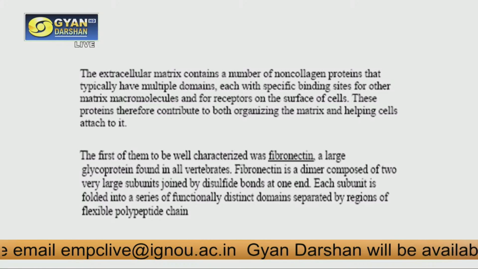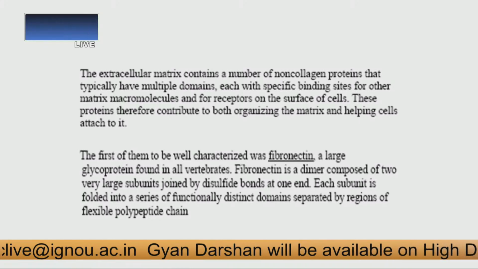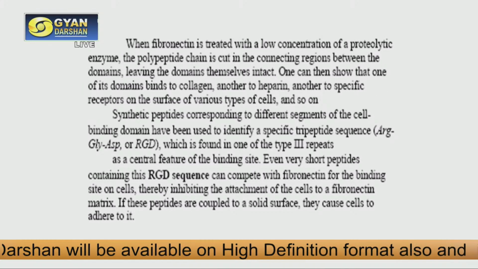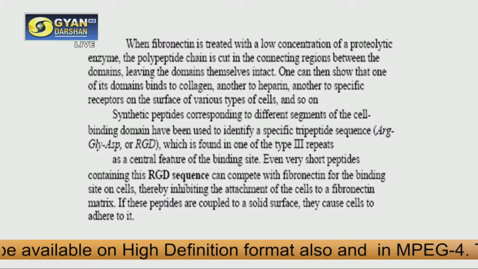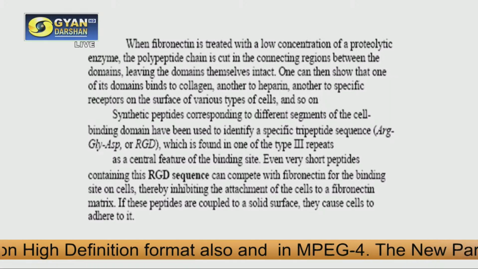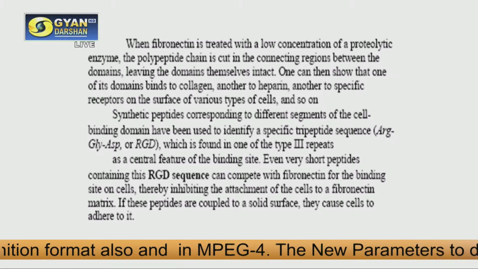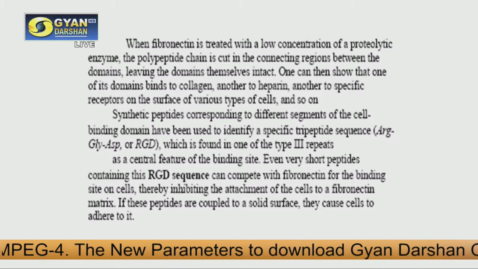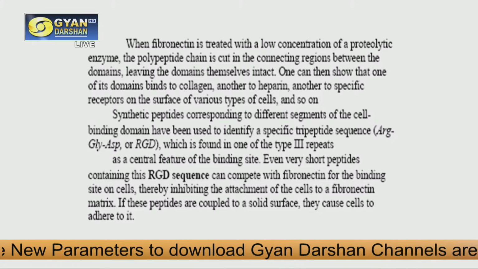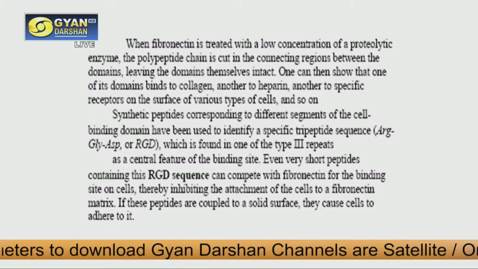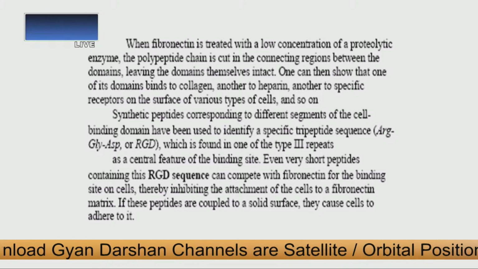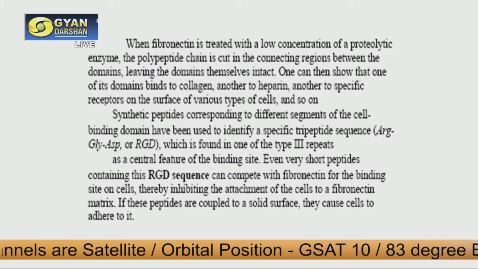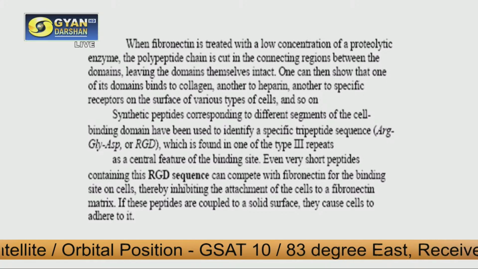It's a dimer with two very large subunits joined by disulfide bonds. And if you subject this fibronectin to a proteolytic enzyme, then you can see that they have different domains. Each of these domains has a different function. Like one domain can bind to collagen, another domain can bind to heparin, another domain can bind to specific receptors on the surface of various types of cells and so on.